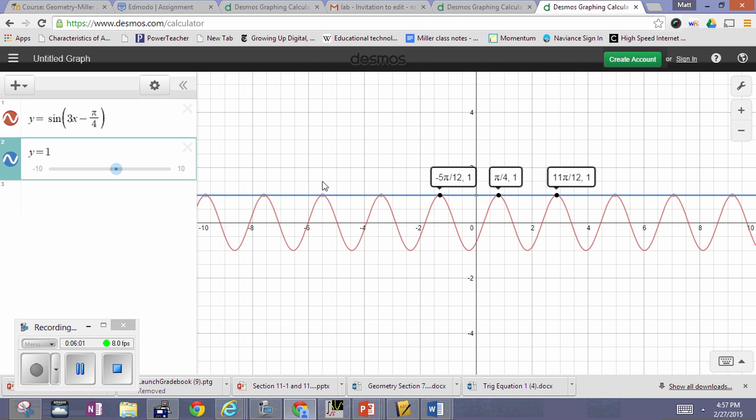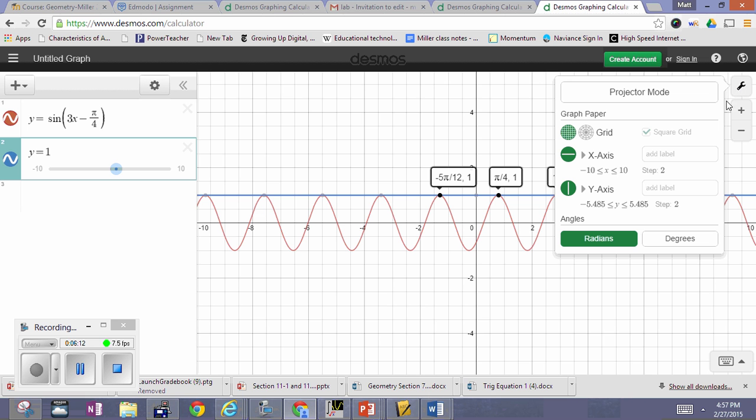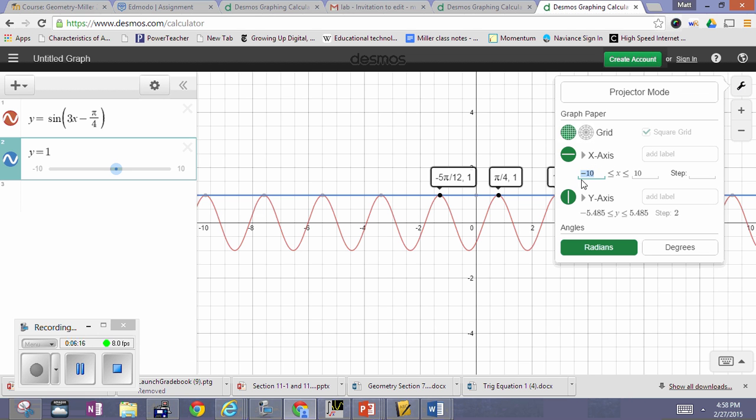One other thing, looking at Desmos here: up here in this little wrench tool, click on that, and we get an option to offset our axes. Our axes are running from negative 10 to 10 with no designated step. But what we can do, which is nice, is put this in terms of pi.